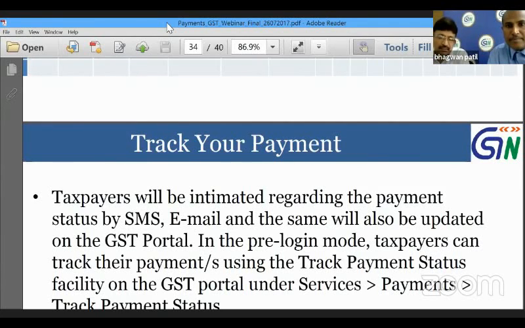In NEFT RTGS, when the amount is deducted, the bank will provide a UTR number to the taxpayer, and the taxpayer has to upload that UTR on the GST portal, or he can send it through SMS also, and that UTR will be communicated to RBI by the GSTN.